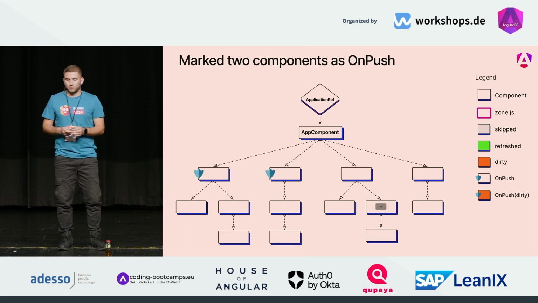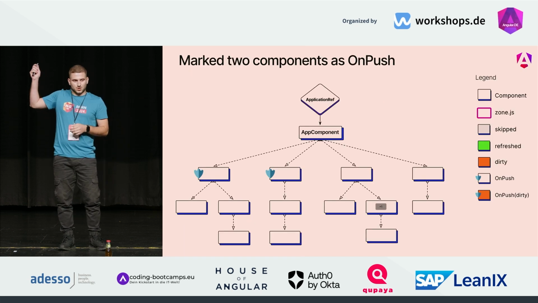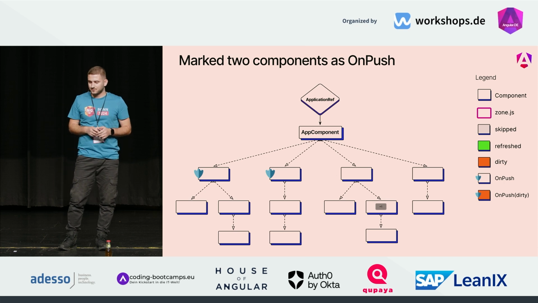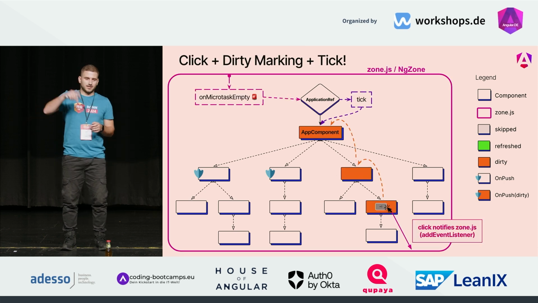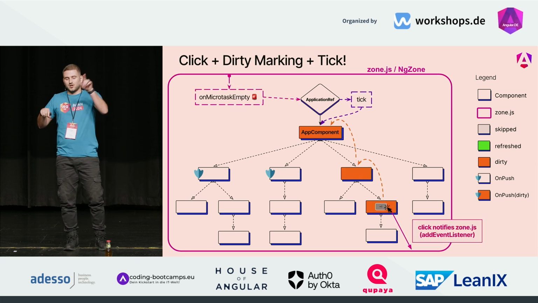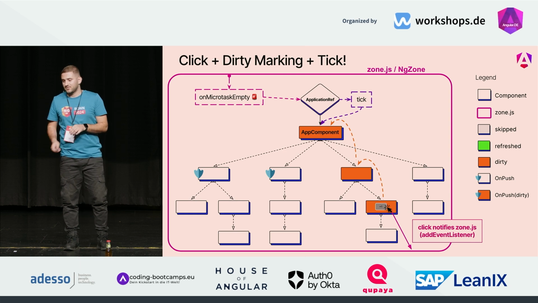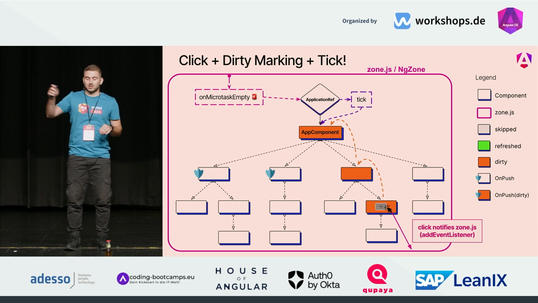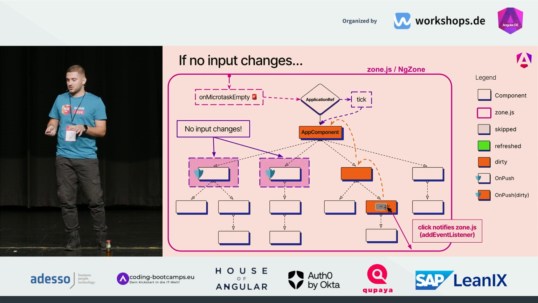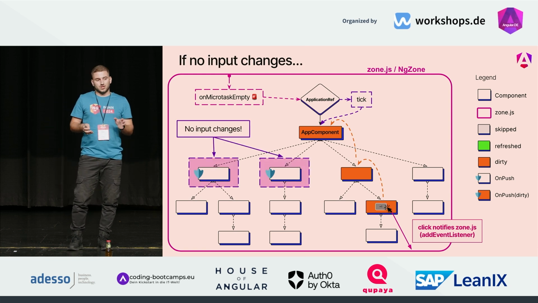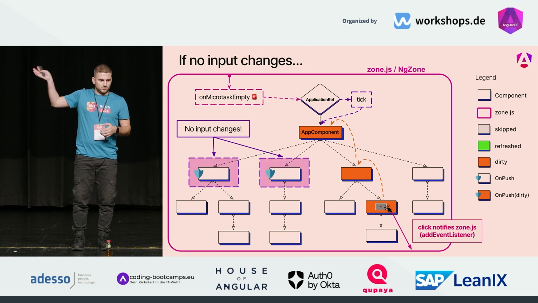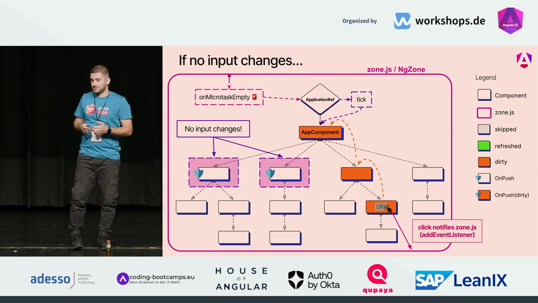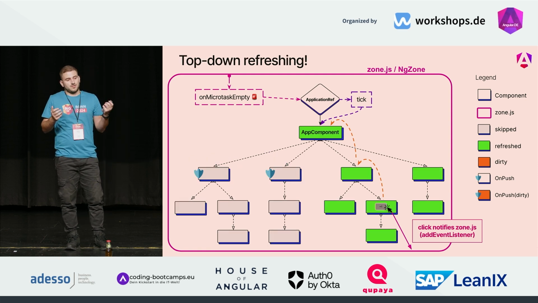So let's say we mark two components as OnPush, the first and the second one. And then we do the same click thing. We click on the button, mark ancestors as dirty, microtask empty kicks in, applicationRef.tick, Angular goes to app component and runs detect changes. Now, let's say we don't have input changes on those two components. What will happen is they will be skipped. So they won't be checked anymore, and their children won't be checked.